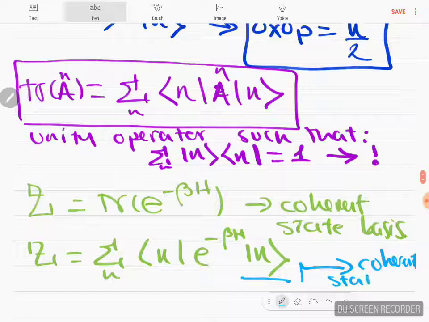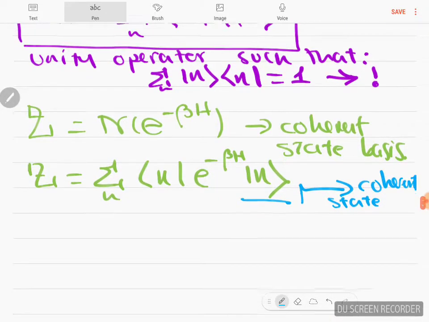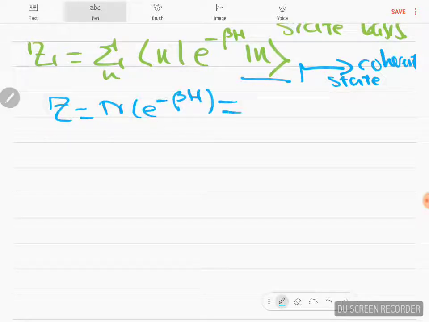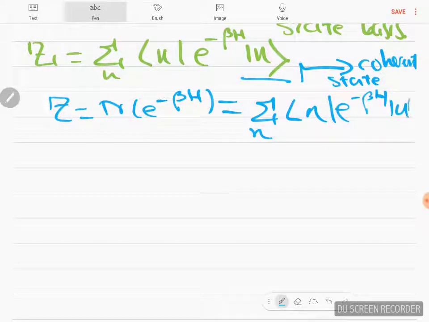So how do we do this? We have to choose a proper state to represent this trace. Just recall that Z is equal to the trace of e to the minus beta H, which is the summation over n of <n|e to the minus beta H|n>.